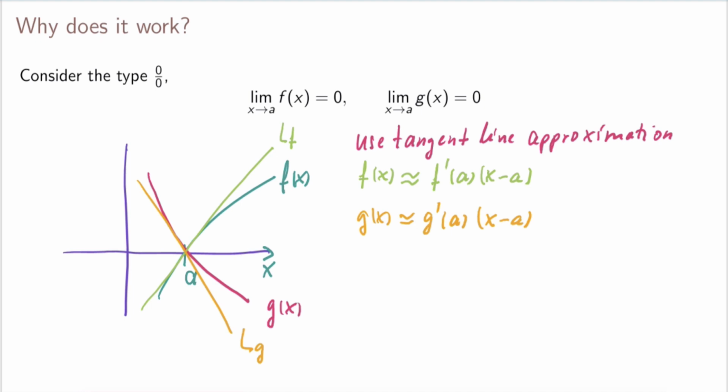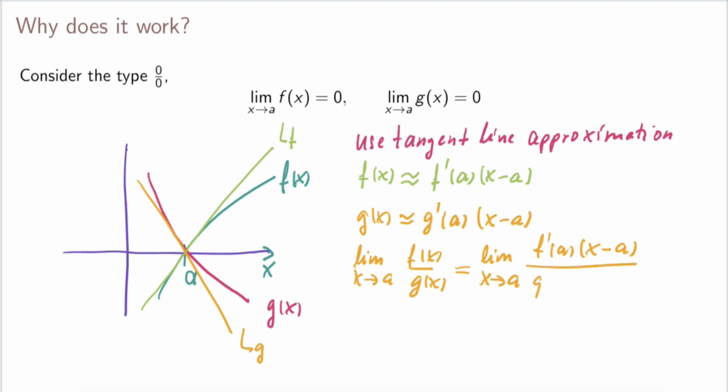And now we can study the limit. So then we have limit x goes to a of f of x divided by g of x. Now as x approaches a, we get close to a, which means we can use the tangent line approximations right here. So then this is equal limit x goes to a f prime at a times x minus a divided by g prime at a times x minus a.